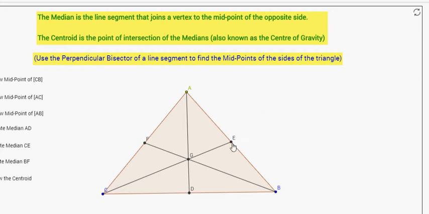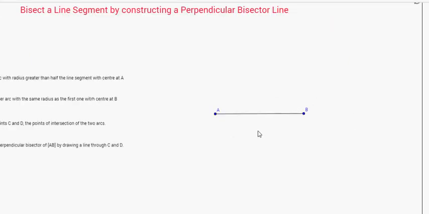Now in order to find the midpoint of a line segment, you can just simply take any line segment, and you draw an arc here, taking A as the center. So get your compass, put the pointy bit of the compass here, and you can just draw an arc. You don't have to draw the entire circle, you can just draw maybe from here around to here.